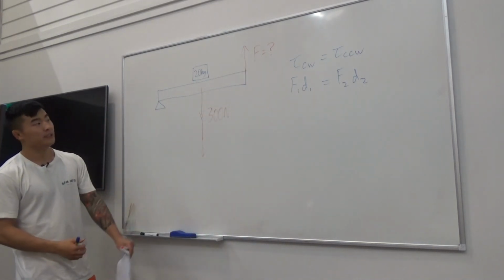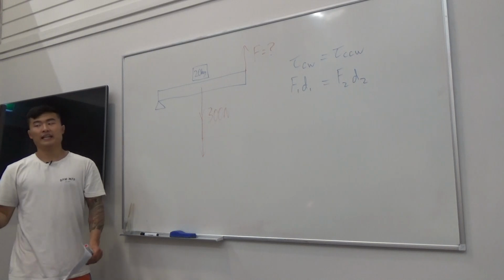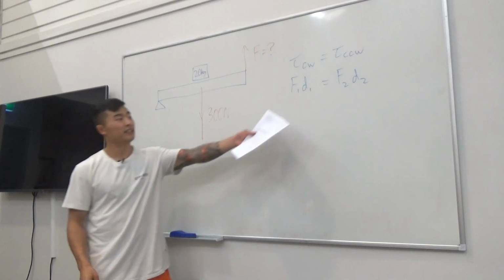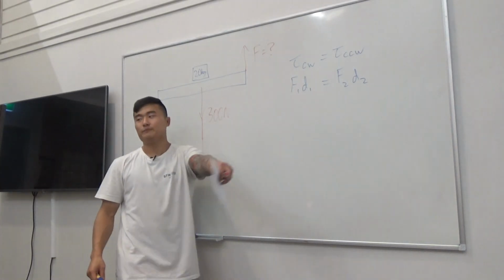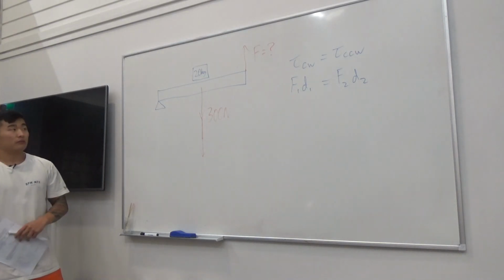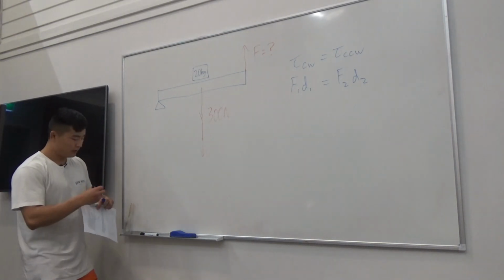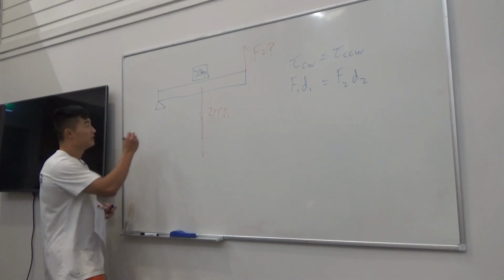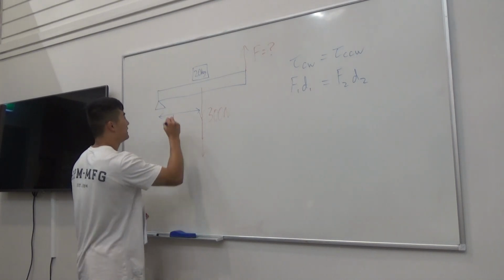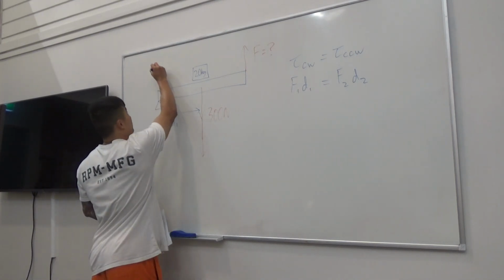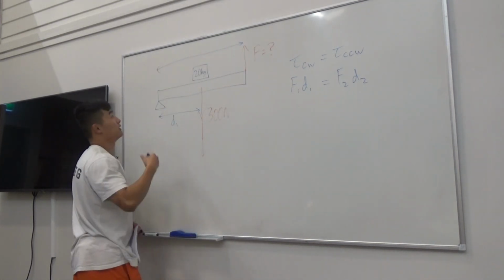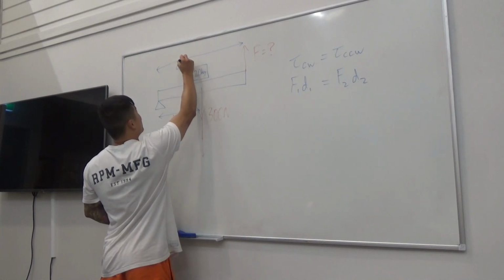But we have a problem here because we haven't been given the length of the ladder, have we? So how can we put D1 in or D2 in? We can't, right? So you're just going to use a little bit of algebra. From our fulcrum point, we'll call this D1, and from the fulcrum point to the end of the ladder, this will be D2.